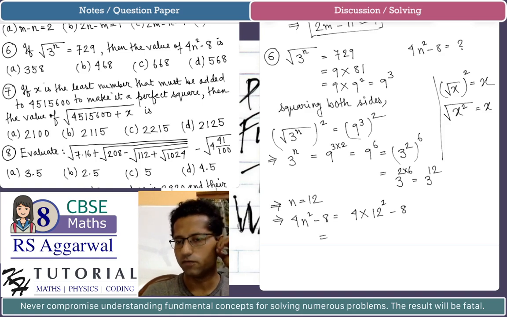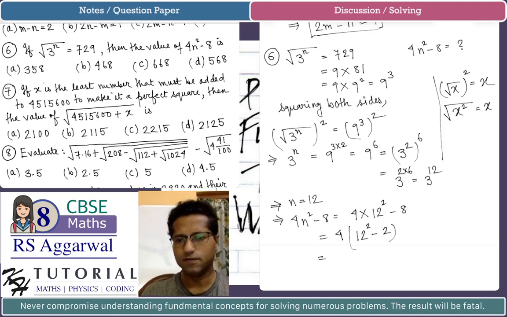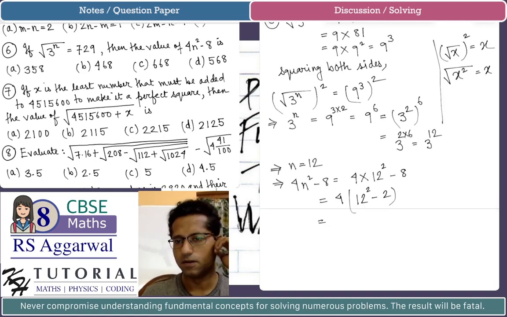You can multiply 144 with 4 and then subtract 8, but I would like to take 4 common from here, and this becomes 12 square minus 2. This is a simple simplification of squaring a number, multiplication and subtraction.